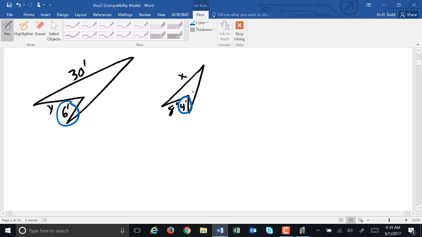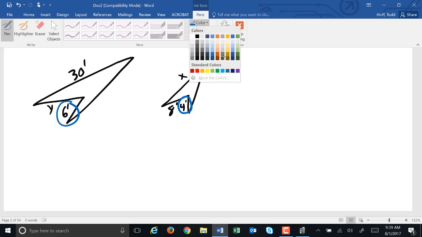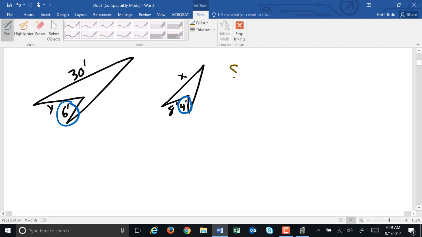Ones from each figure, they are the corresponding side. They're the same side from before and after the enlargement. So we know that the 6 and the 4 are related to each other.